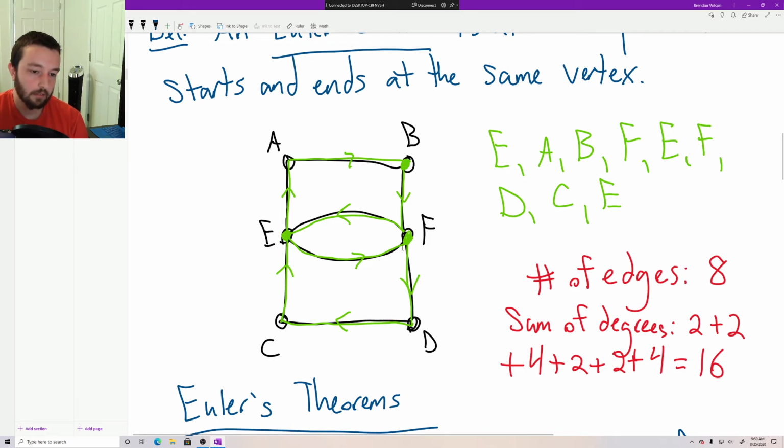E, A, B, F. Yeah, I think because of this loop here in the middle, we'd never run into this problem anyway.